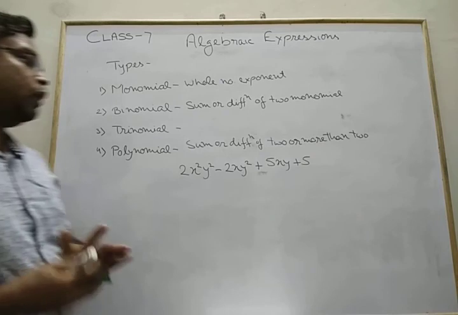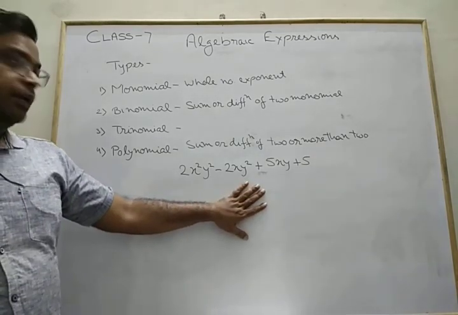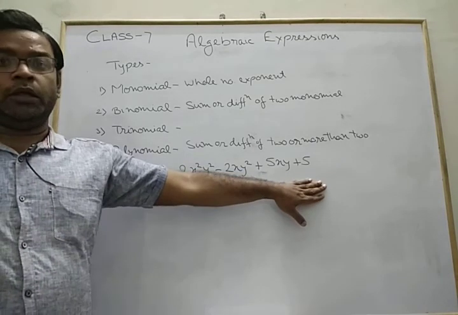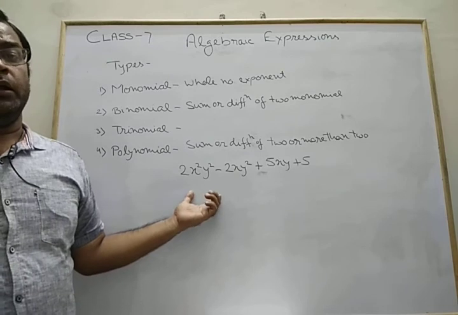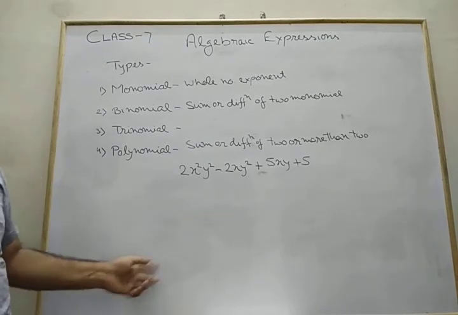So how do we find the degree of a polynomial? We must find the degree of each term of the given polynomial, then choose the highest degree, and that highest degree is known as the degree of the polynomial.